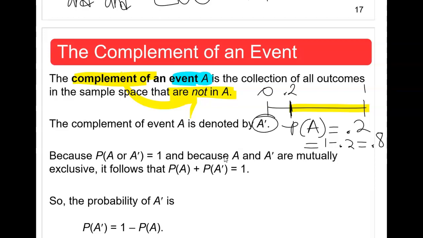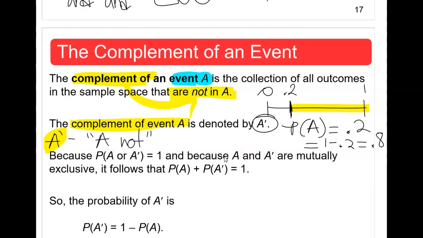You could also call it the complement of A, as we have it here, but some people refer to it as A not.